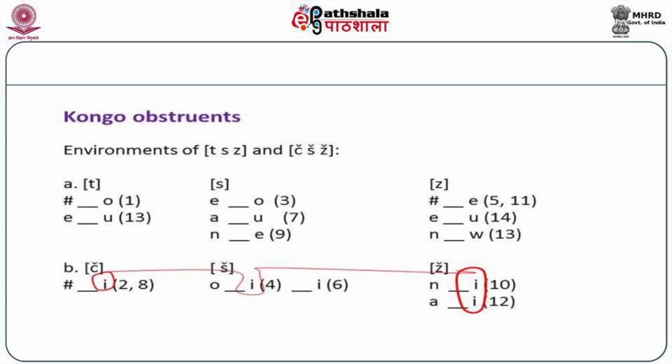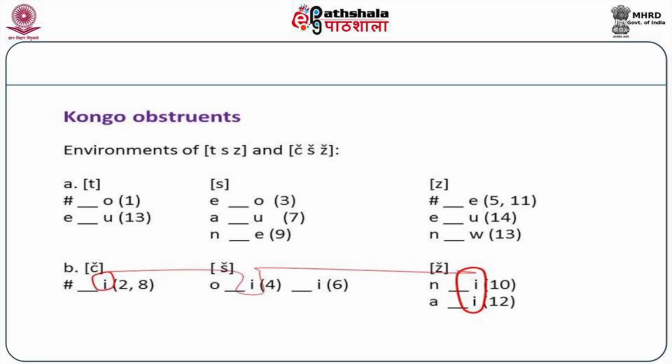The distribution of the obstruents in Congo and of the liquids in Ganda are given in the chart that you have before you. As you notice, for the Congo obstruents, the two sets of sounds that are phonetically similar and whose distribution we have to examine in order to establish whether they occur in complementary distribution or not, we notice the context. All the contexts are exhaustively given here.